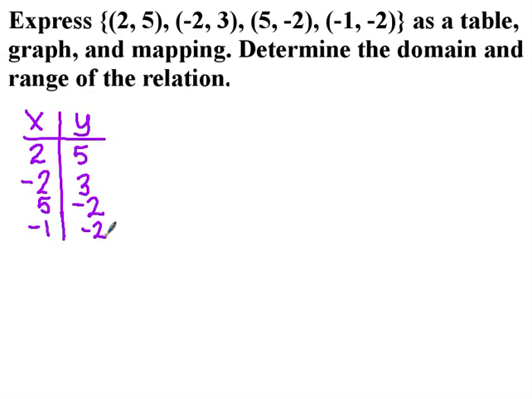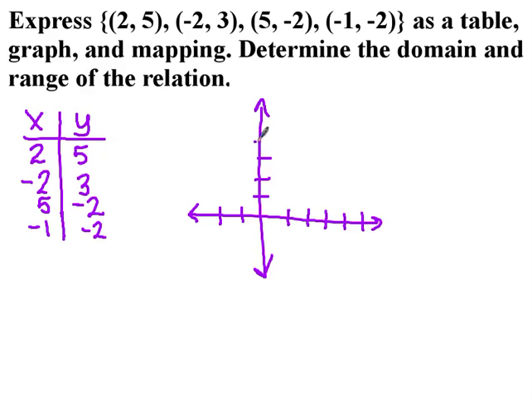Okay. Next, a graph. So if you want, you can use graph paper. Otherwise, you can just do exactly what I'm doing. Okay, so all we're going to do is plot points. So from the origin, where do I go to plot the first point? Yep. So tell me where I should move my pen.